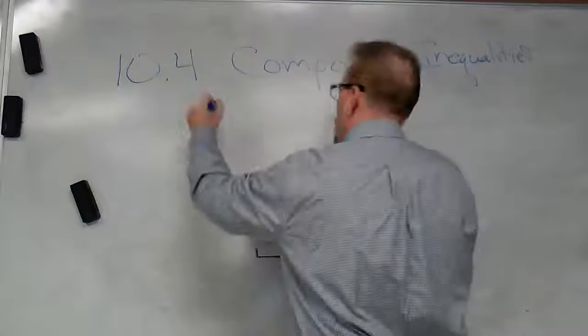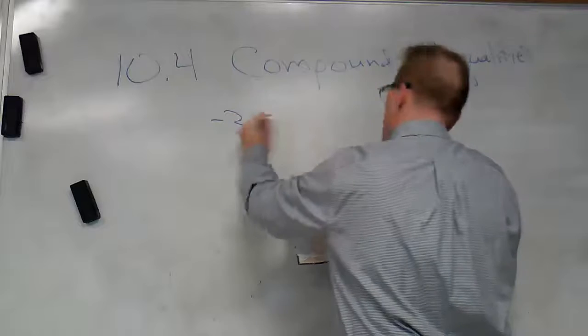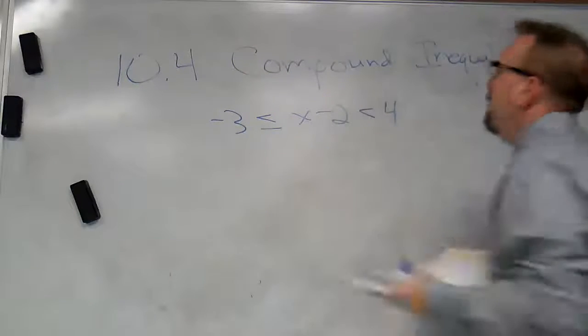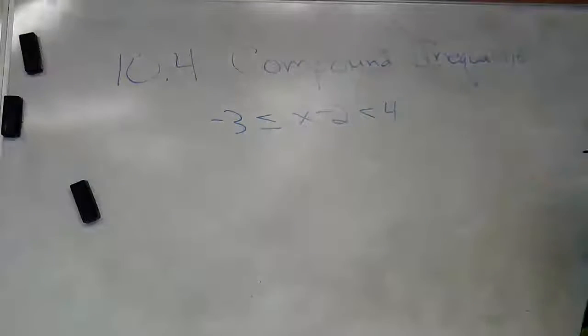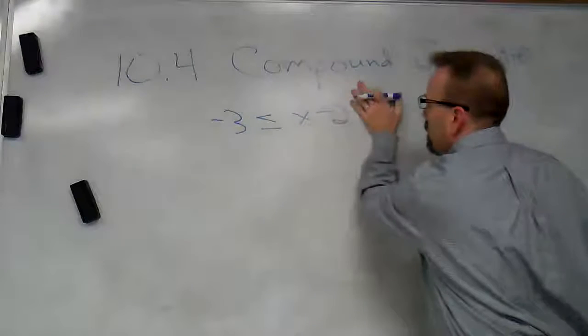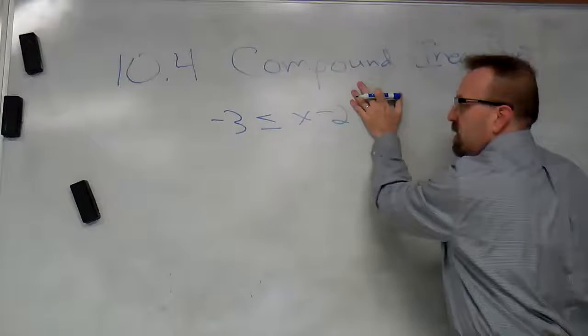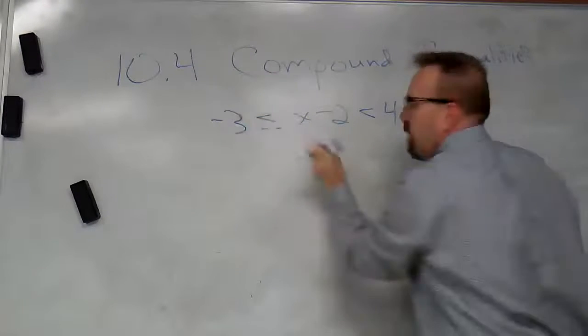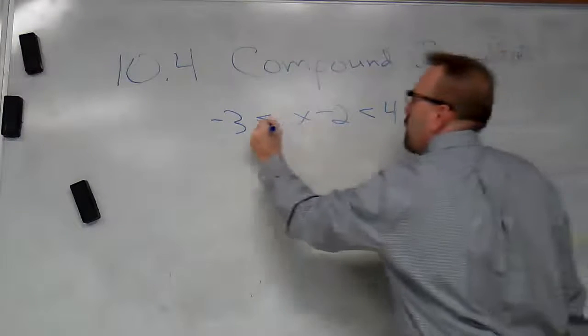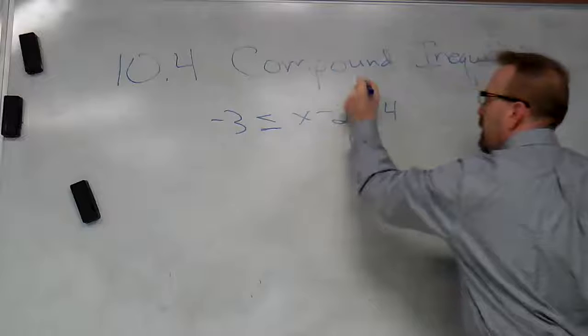So how we're going to use those, we're going to take an inequality and make it look like you haven't seen before. Compound, like a compound word, we take two words and make one word out of it. Compound inequality, we take two inequalities, like that one, and we combine them together to make one. So how we solve this, think about it like you've got 3 parts here.